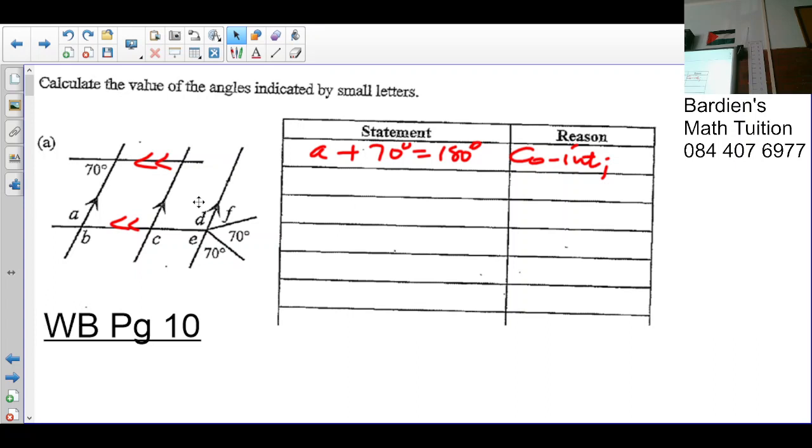Okay. So A is equal to 180 minus 70, which is 110 degrees.